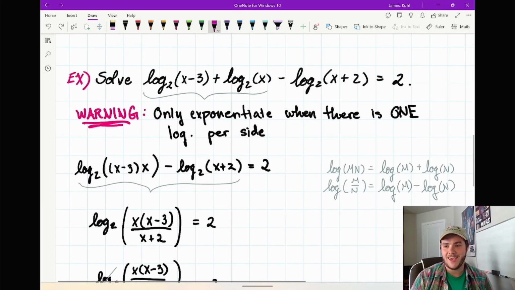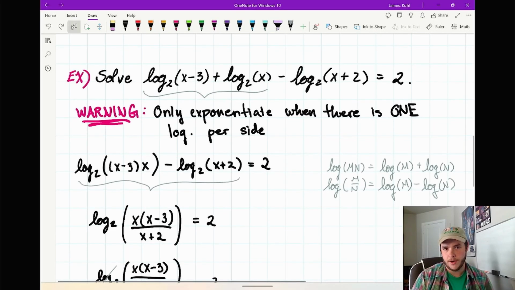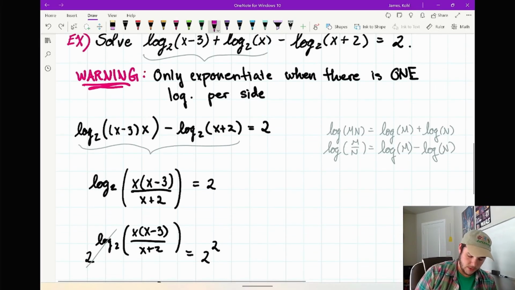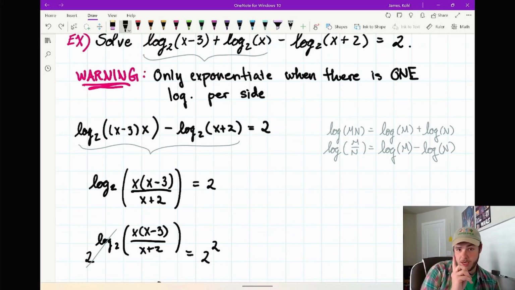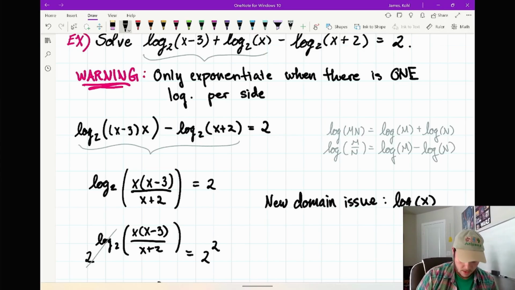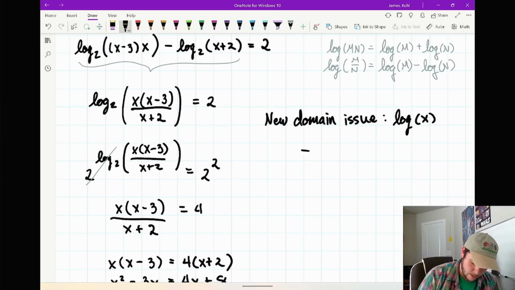Notice that I can't actually have negative 1 as a solution because I cannot pass negative numbers into a logarithm. So this does present a new domain issue to look out for: if I have any logarithm showing up in my function, that input has to be greater than 0.